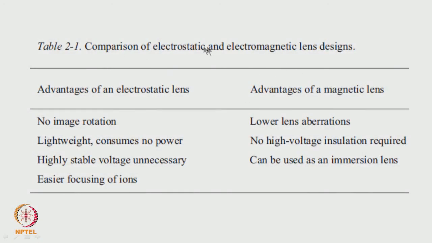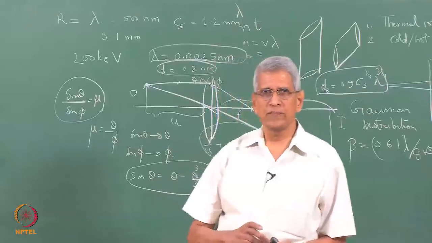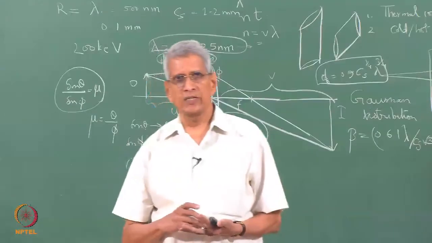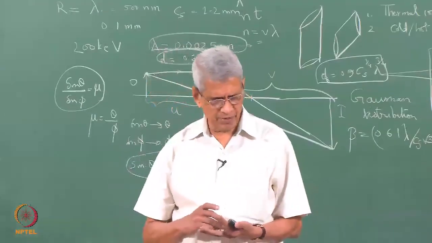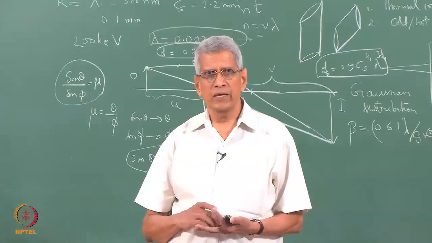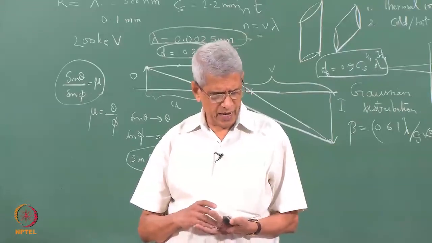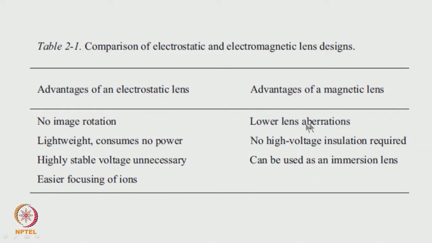In this table, I have given a comparison of electrostatic and electromagnetic lens designs, because instead of electromagnetic lenses, we can also use an electrostatic lens. The advantages of an electrostatic lens are that there is no image rotation, it is lightweight and the power consumption is less, but a highly stable voltage is necessary, and it is easier to focus ions.